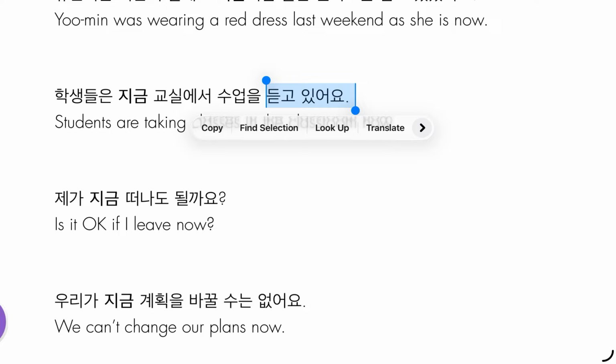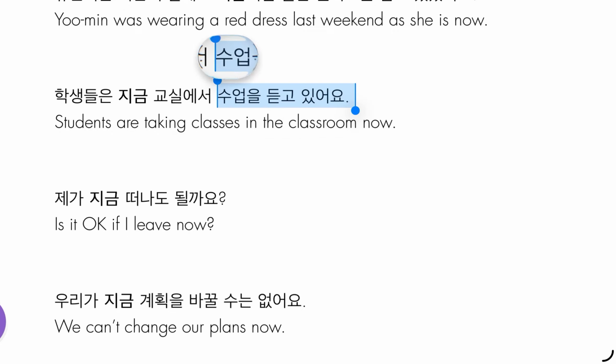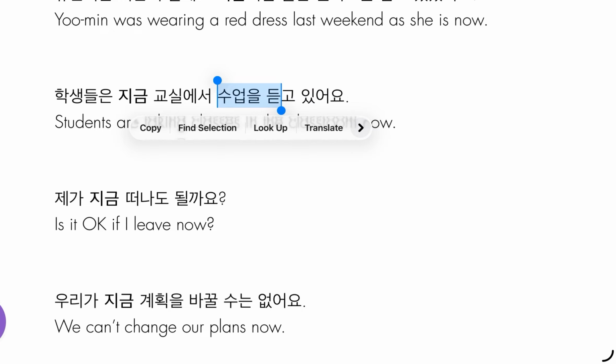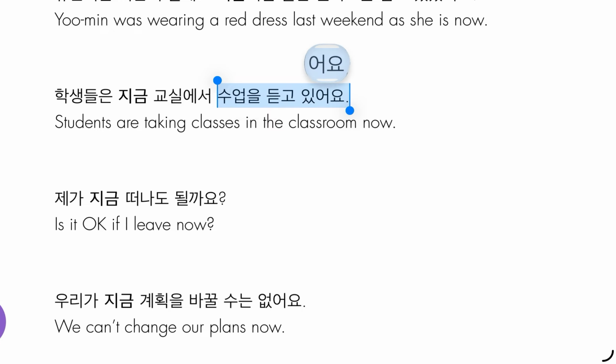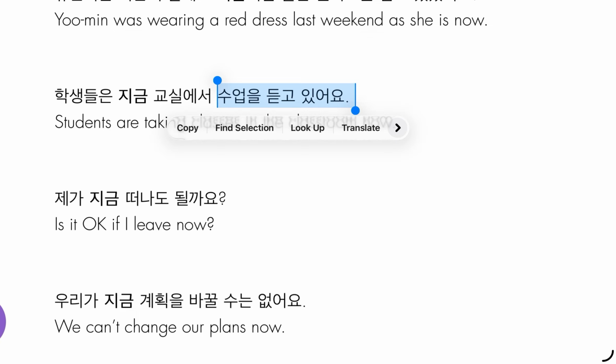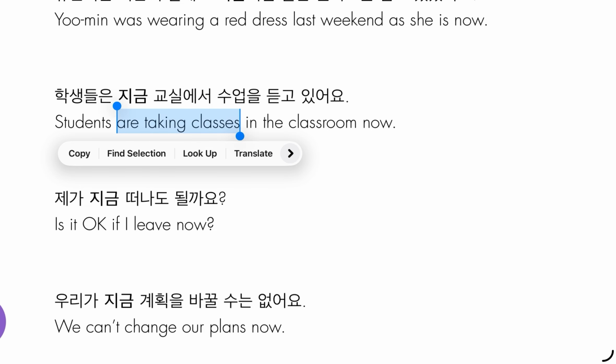You can think of it as just adding an -ing to whatever verb. 수업을 듣다 means to take a class. 수업을 듣고 있어요. Taking classes. Students are taking classes in the classroom. 지금, now.